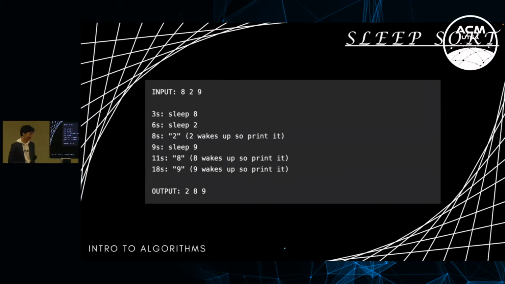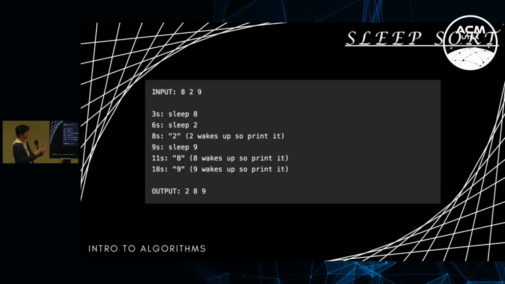And this is sleep sort. It's also kind of weird. These are the steps. The definition is sleep for an amount of time proportional to the value of each corresponding array element. So what that means is if you have 8, 2, 9, 8 sleeps for 8 seconds, 2 sleeps for 2 seconds, and then 2 wakes up first, right?